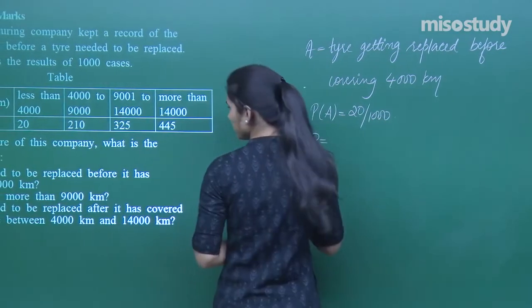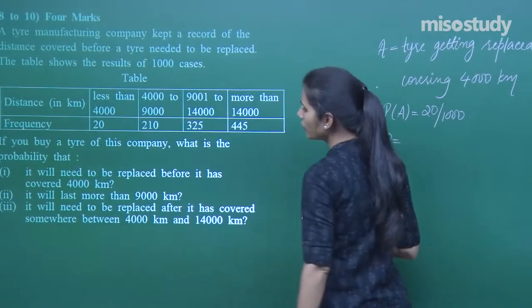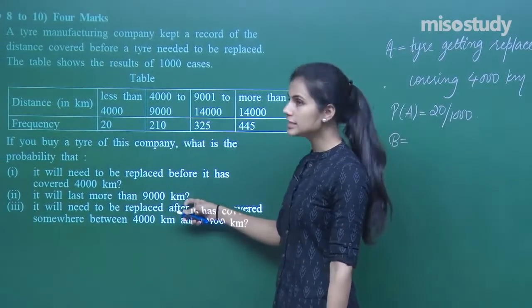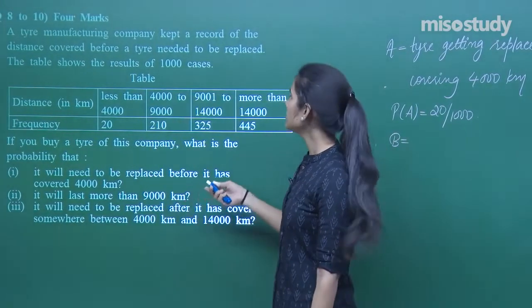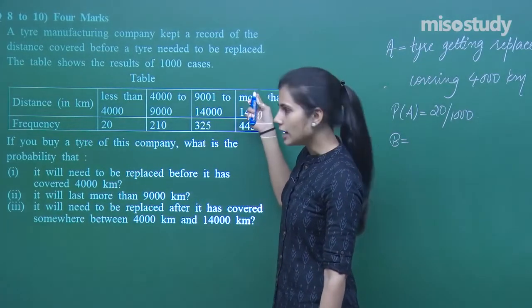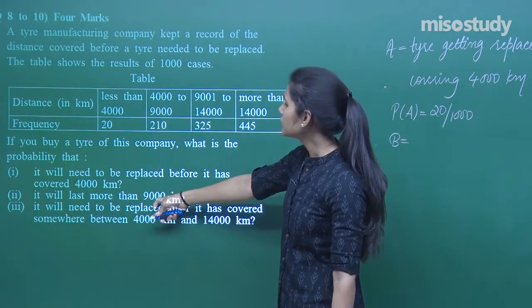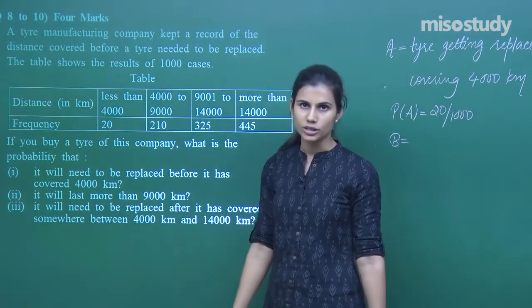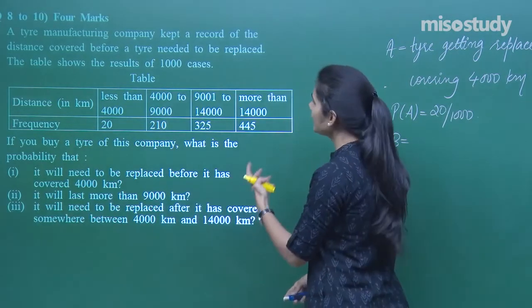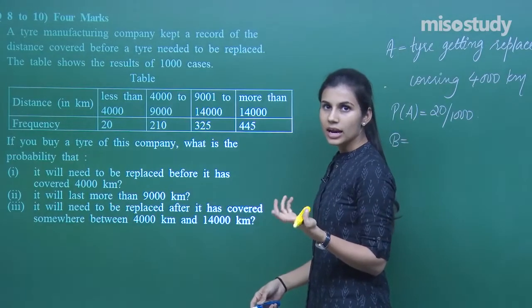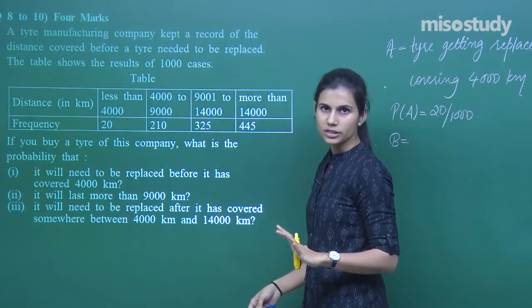Similarly, if I define B as it will last more than 9000 kilometers, what is the probability that the tire is going to last more than 9000 kilometers? That means it will have to be changed after it has covered 9000 kilometers.